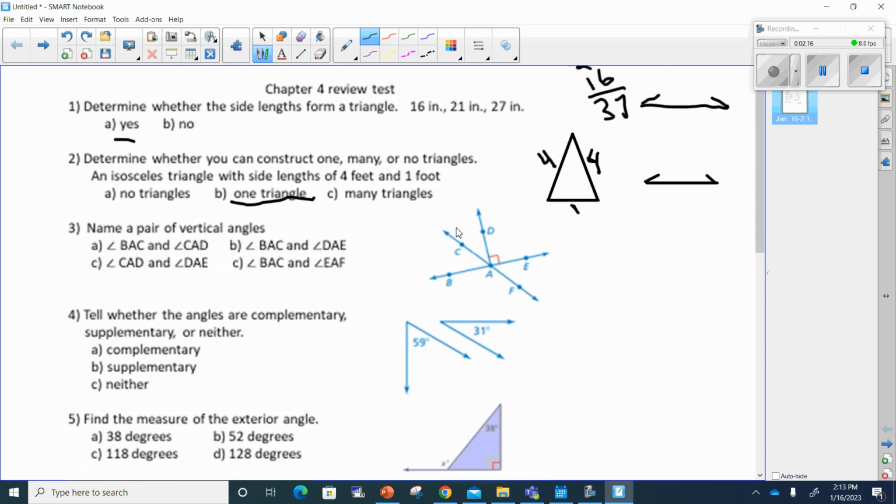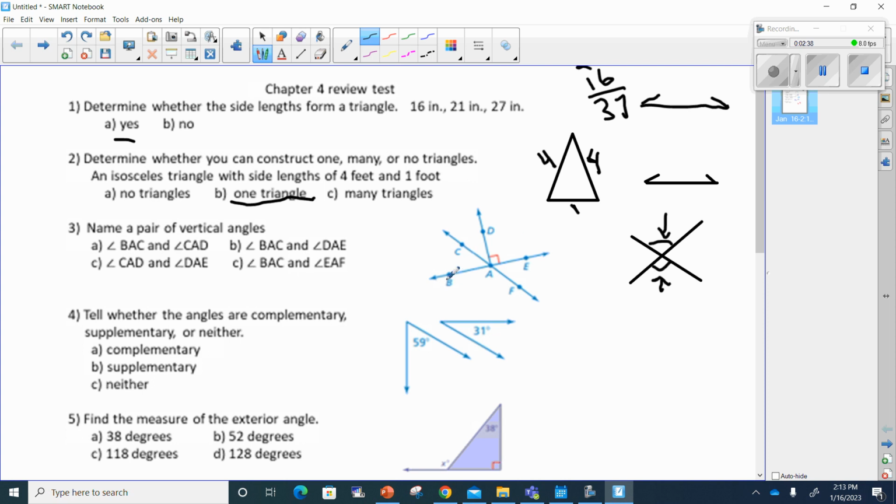All right, let's see. C, name a pair of vertical angles. We know vertical angles are when two lines cross each other. They make angles that are opposite each other, and that creates vertical angles because they're equal, right? So let's see if we can find any vertical angles here.